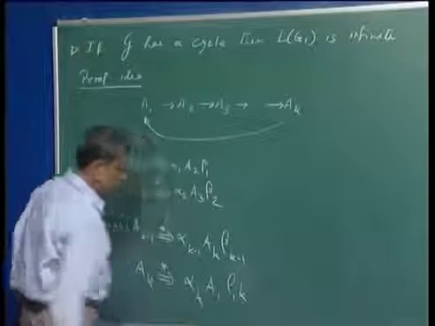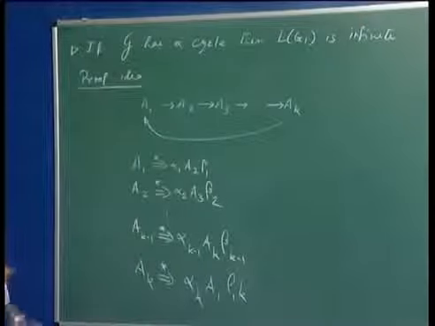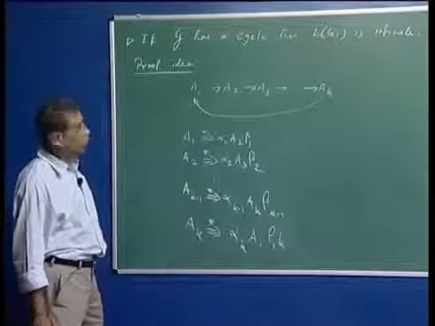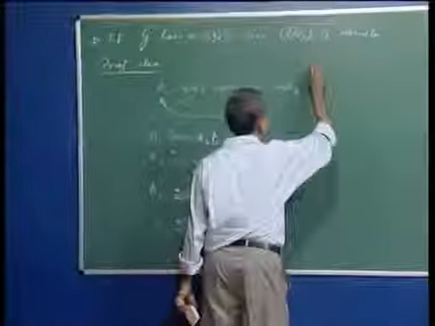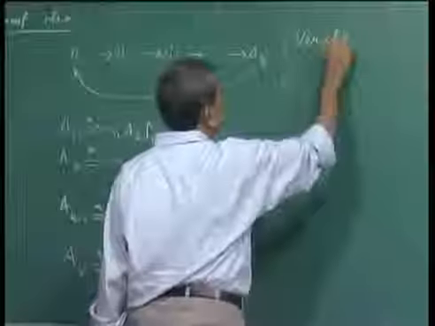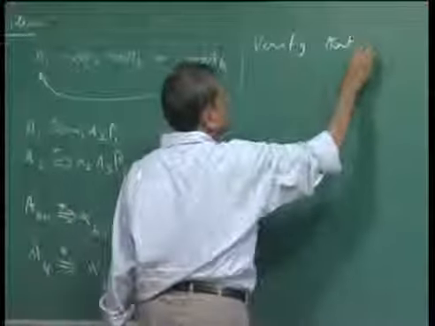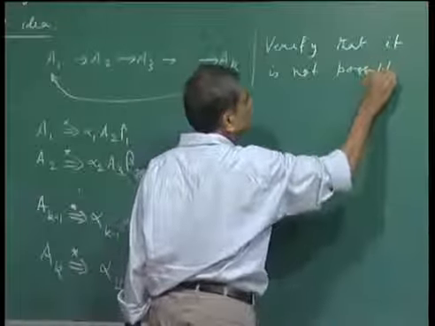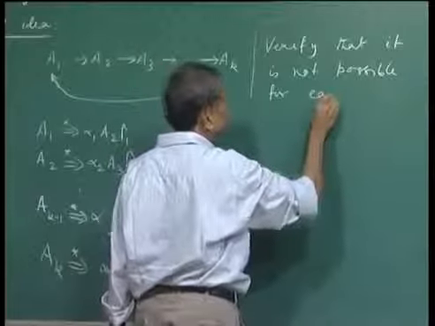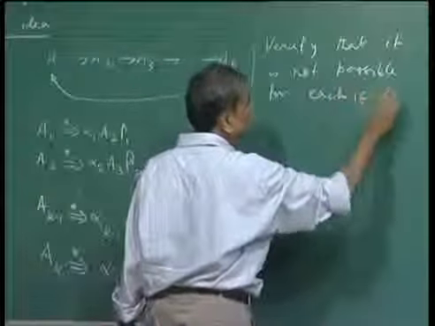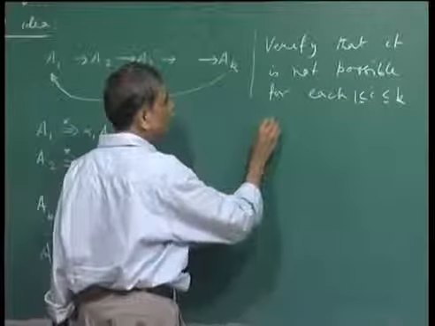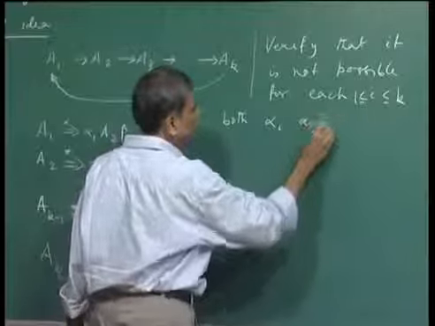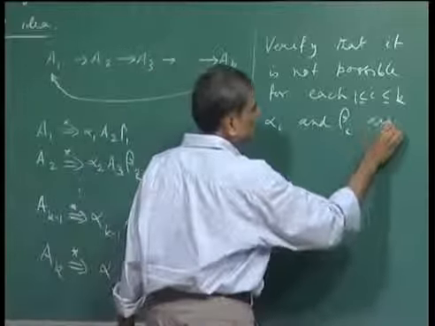Now, the crucial point is, because the grammar G1 is a Chomsky normal form grammar, and this is something you can verify, it is not possible that for each i both alpha i and beta i are empty strings.